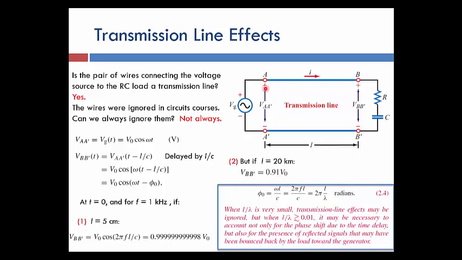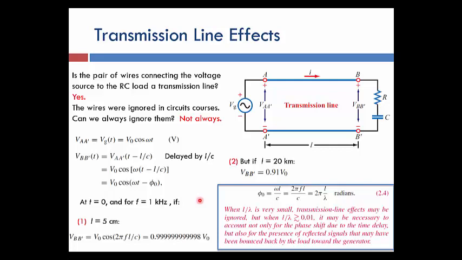So now the length of the transmission line has effects, because this length causes a delay between the voltage across A to A dash and the voltage which reaches B dash. This length causes delay to the traveling signal, and that's because we now have a transmission line length of 20 kilometers, so it could be close to, or in the same order as, the wavelength of the applied signal of 1 kilohertz.